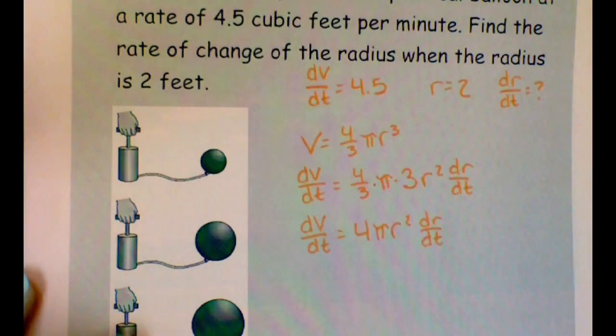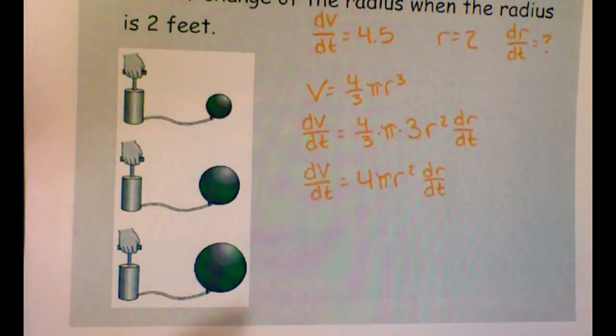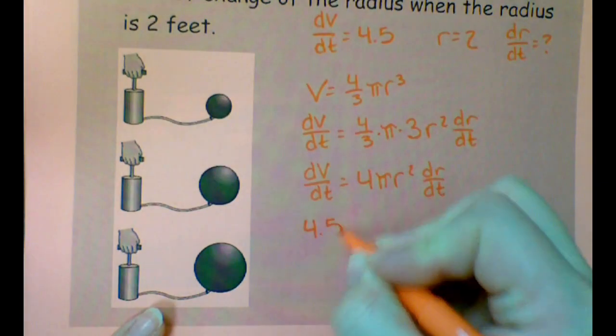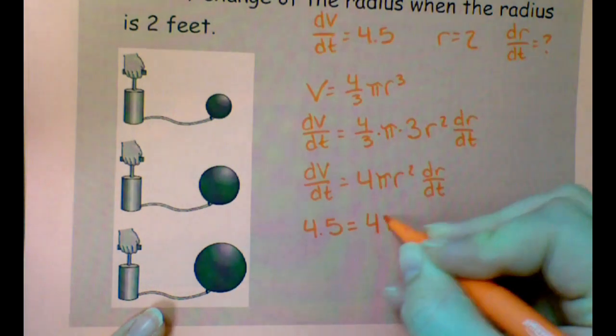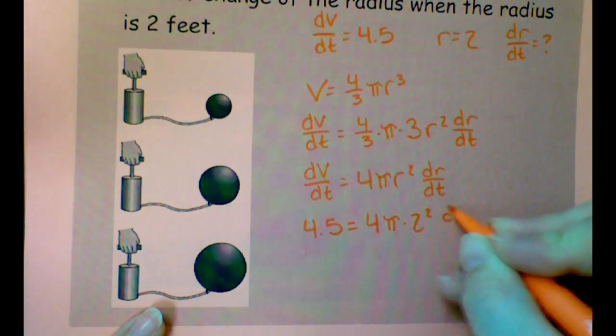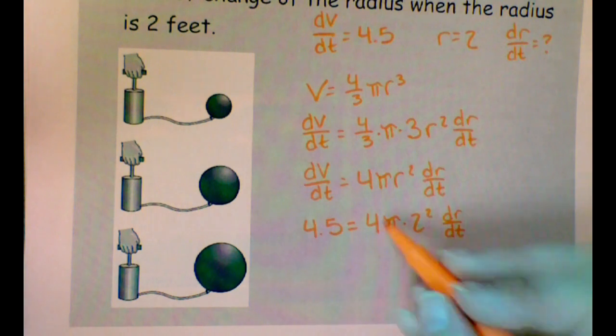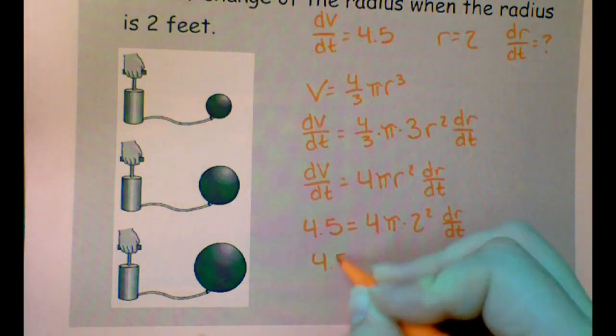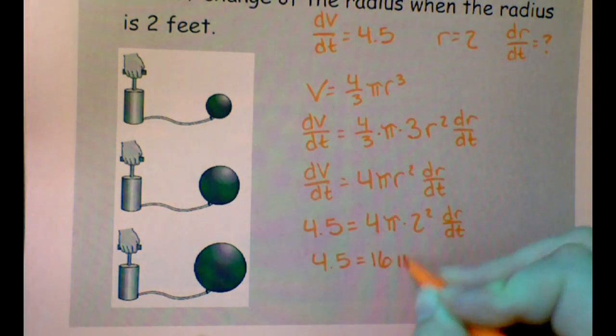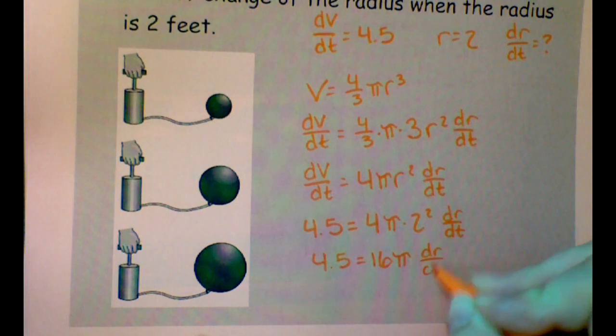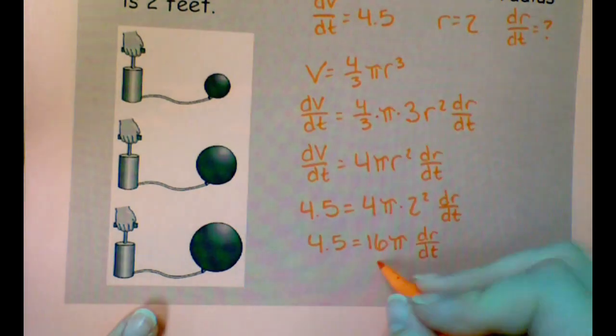And now I'll plug in dV/dt and r because I know those values. 4.5 equals 4 pi times 2 squared dr/dt. I'm solving for dr/dt. Multiply out this right side, I get 4.5 equals 16 pi dr/dt, and divide by 16 pi.